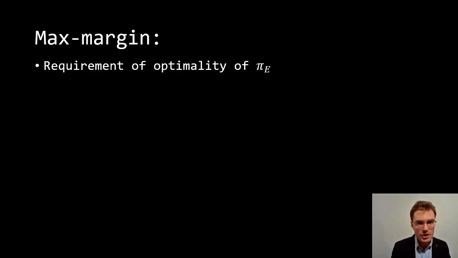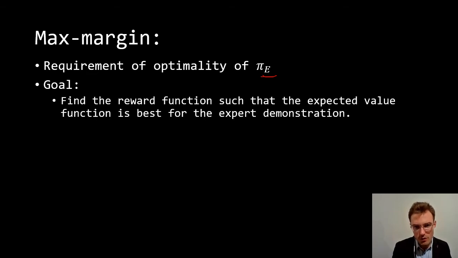Let's go for max margin. The idea comes from the optimality that we assume for pi. Here we assume that pi was optimal. The goal is to find a reward function so that the expert value function is best for the expert demonstration.